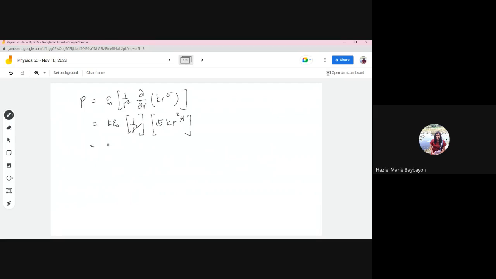So we have k epsilon naught, take out the k as well. So k epsilon naught times 5 r squared. This is 5 epsilon naught k r squared. So this is your charge density.